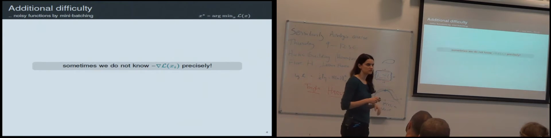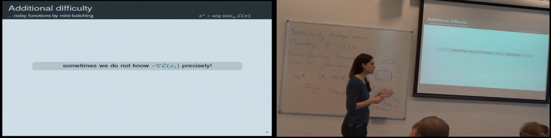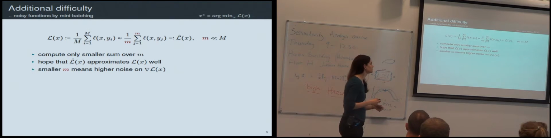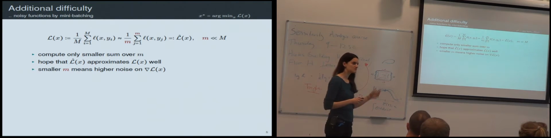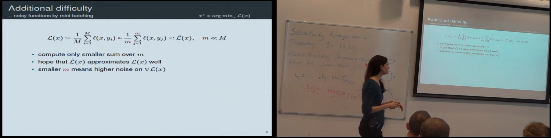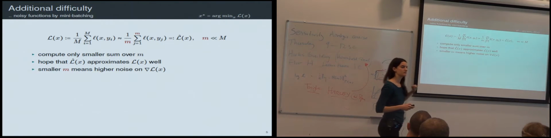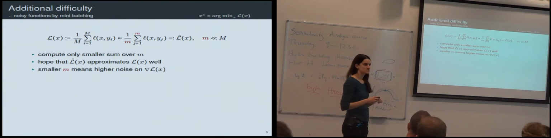There's sometimes one additional difficulty, which is that we do not know the gradient precisely, or we do not know the function value precisely. And then this is normally called stochastic optimization. There's one reason why this happens: often your L, so your loss function that you want to minimize, is actually a large sum.